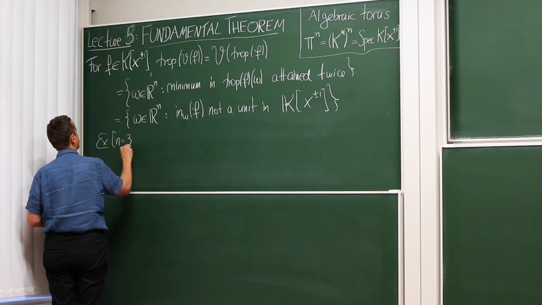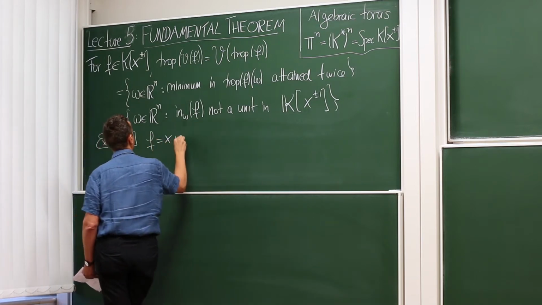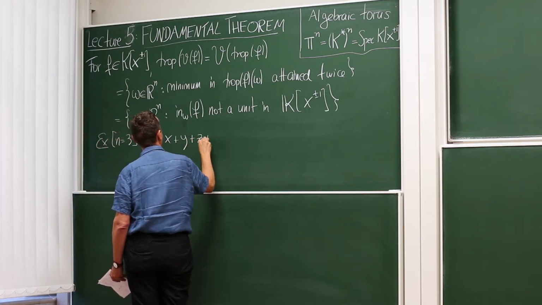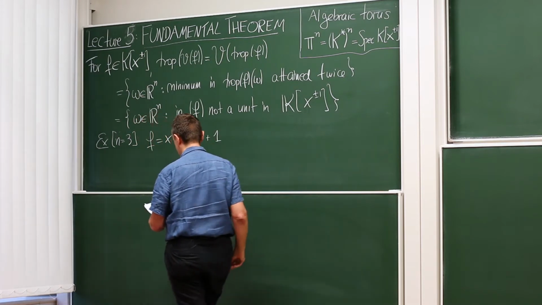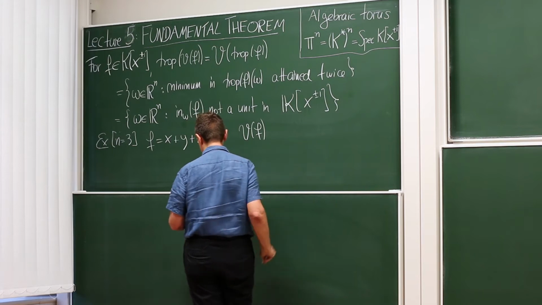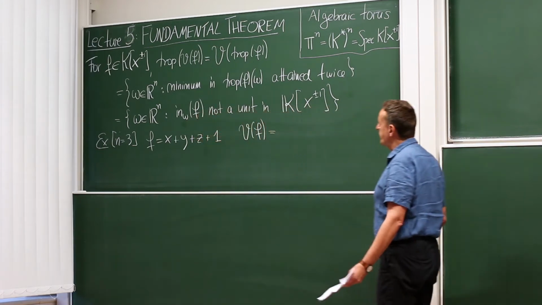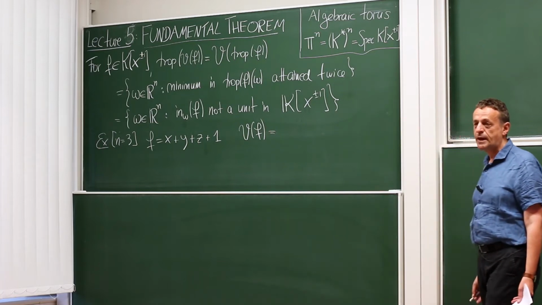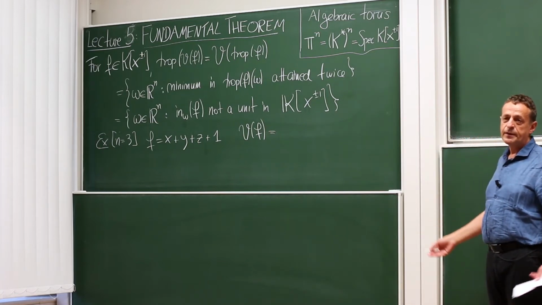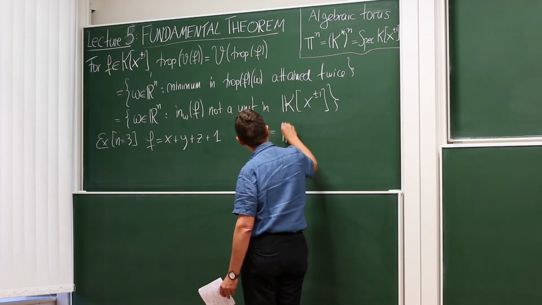So a simple example, let's say we are in three-dimensional space, and we take the linear polynomial x plus y plus z plus 1. Then the variety of this, well, what is it? Well, it's a plane in three-dimensional space, but the three-dimensional space is a torus, right? So it's really correct way to think about this.